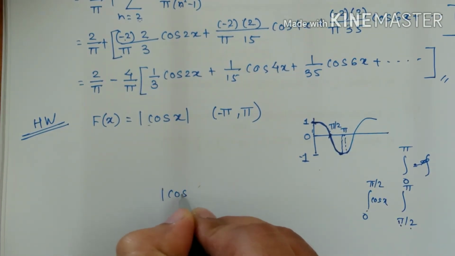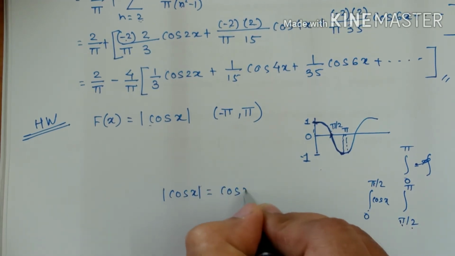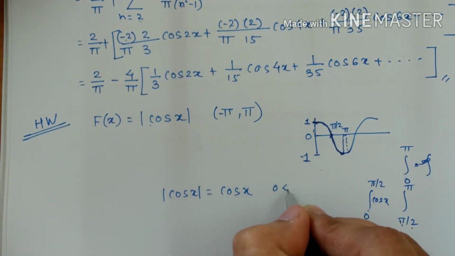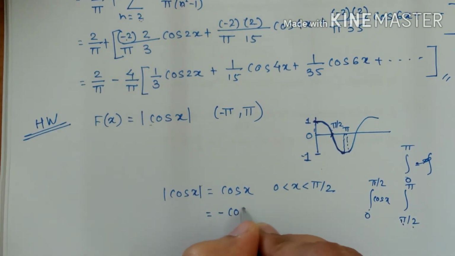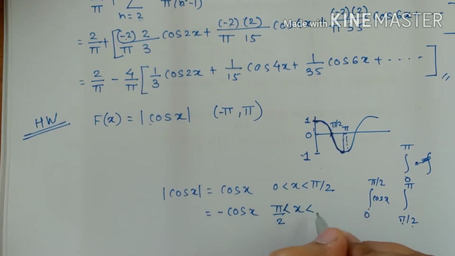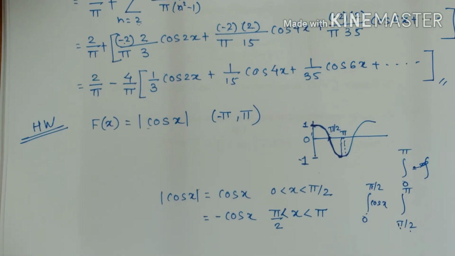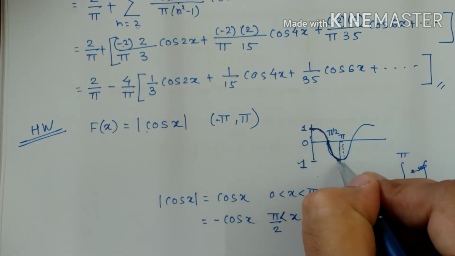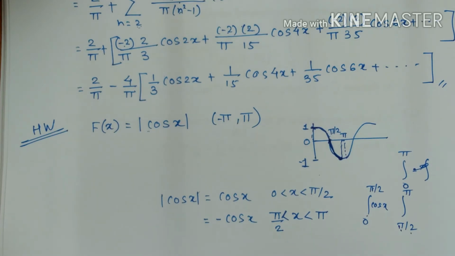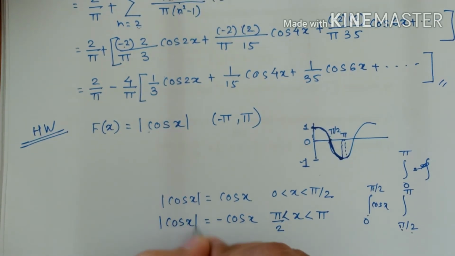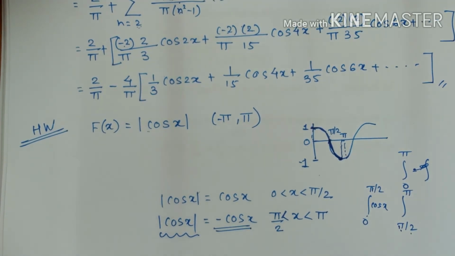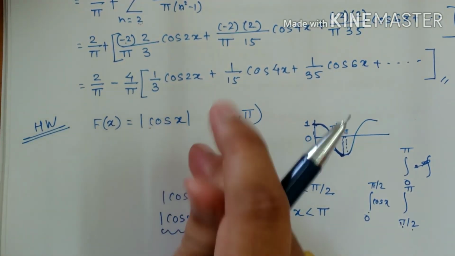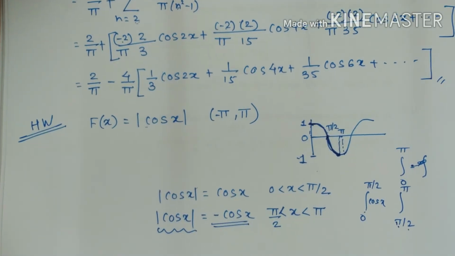See, the modulus of cos x is cos x in the interval 0 less than x less than pi by 2, and is equal to minus cos x in the interval pi by 2 less than x less than pi, because here the cosine values are negative. Therefore, the value of mod of cos x is minus cos x there.